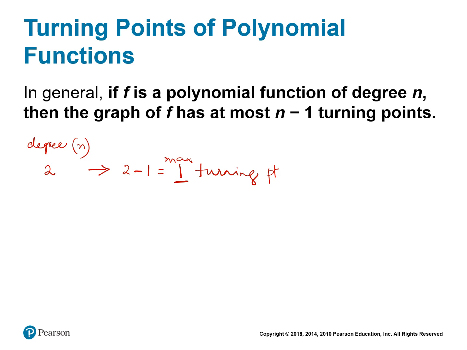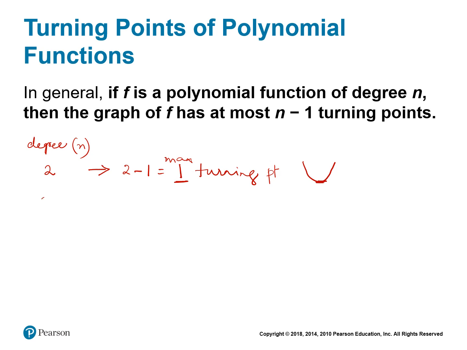It could have fewer, but at most 1 turning point in this case. So if you think about it, the graph of a quadratic function is a U graph. It's a U-shaped graph turned up or down, but it has 1 turning point. And that's what this rule is trying to say.